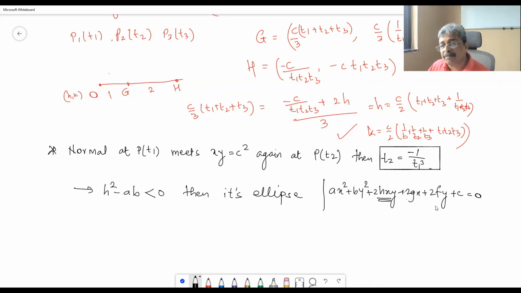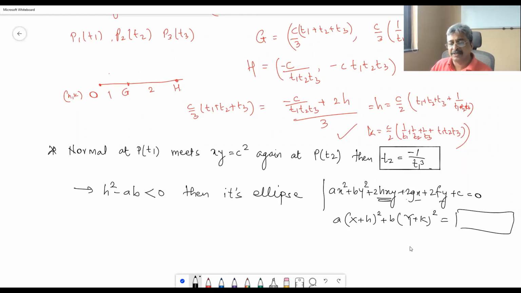If you perform the method of completing the square, you can get rid of x and y by shifting the origin. You complete the square and deal with the remaining constant term, and you will end up getting something like A (X plus h) whole square plus B (Y plus k) whole square, and then you have some constant on the RHS.